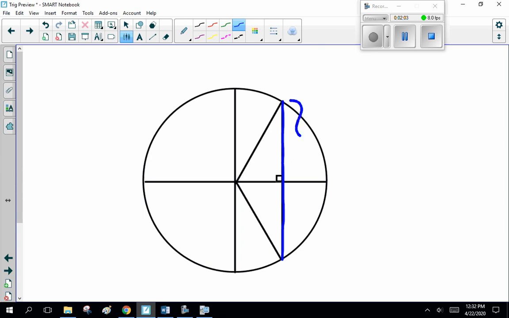We would only talk about half of this chord. From top to bottom is a chord. This is half a chord. And a bad Latin translation of the Arabic or Hindi word for half a chord is sine.